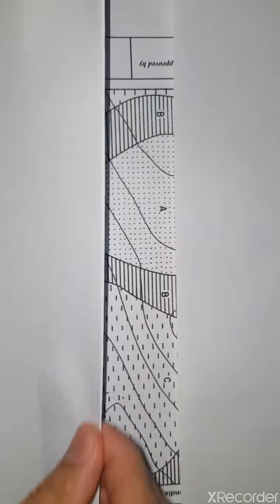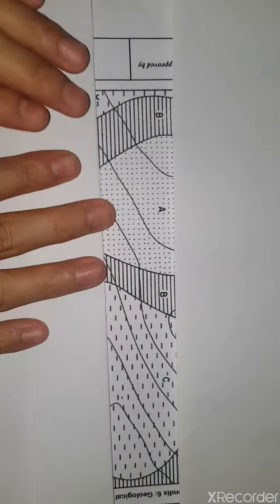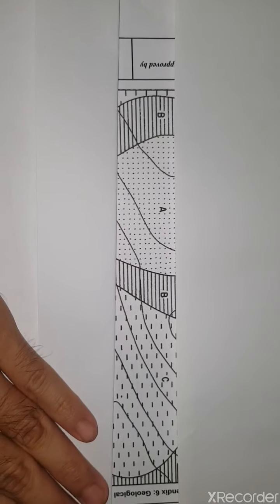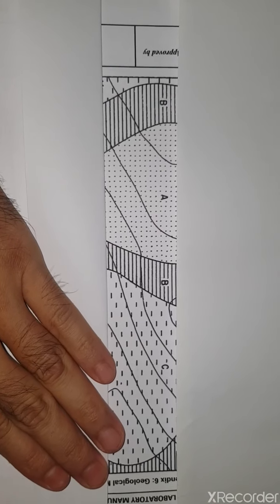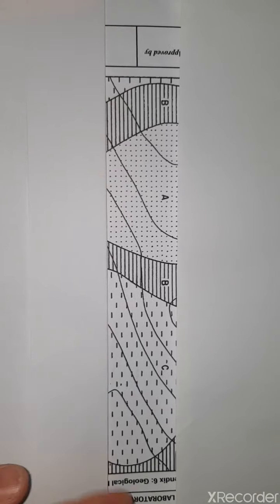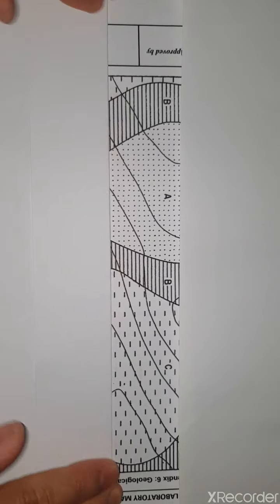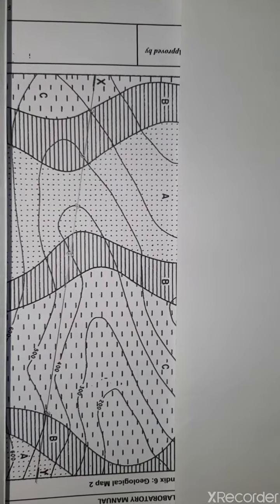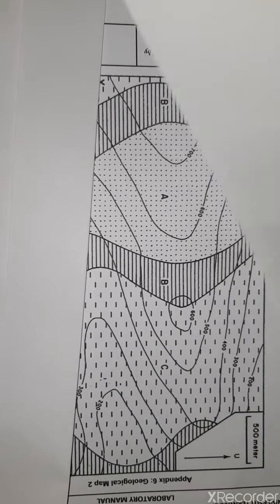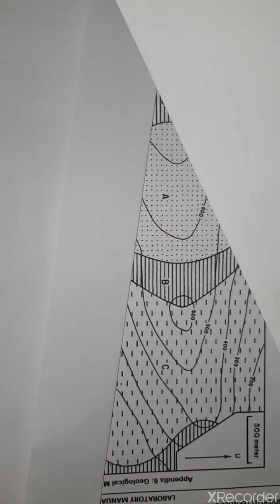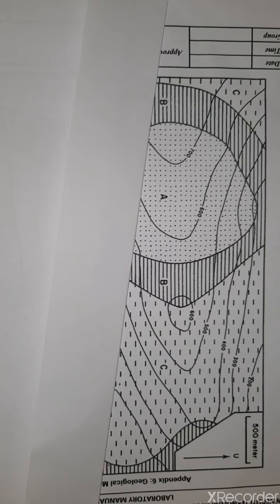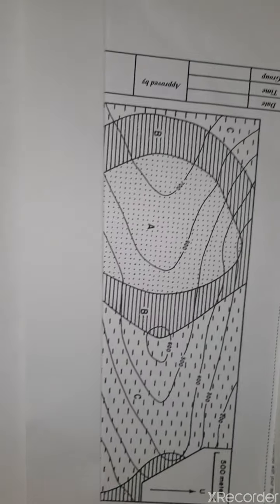The reason we use this blank paper is that we need to follow the manual, as the manual orders us to use the blank paper. So this is the procedure for using the blank paper, in order to determine the strike and dip direction.